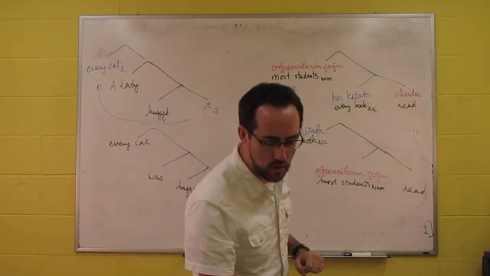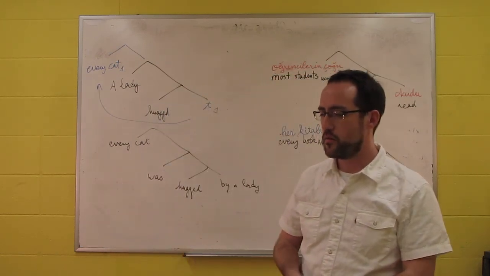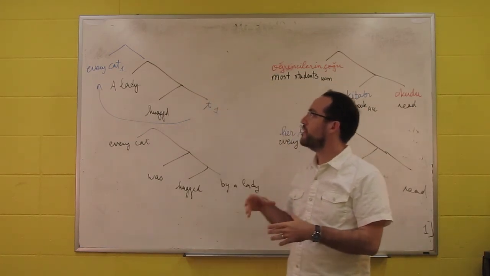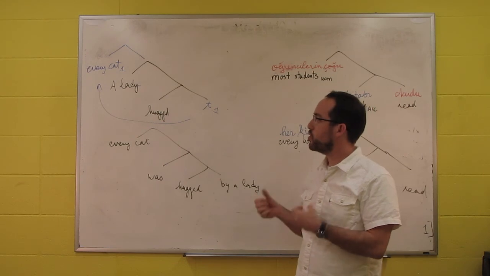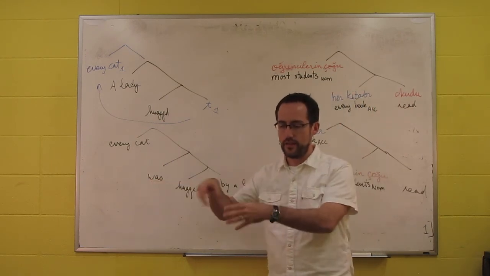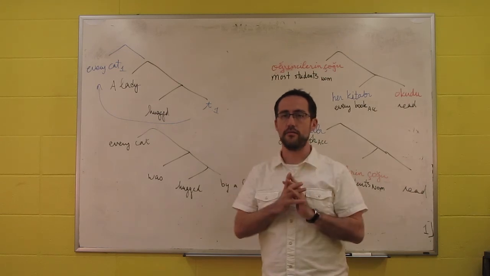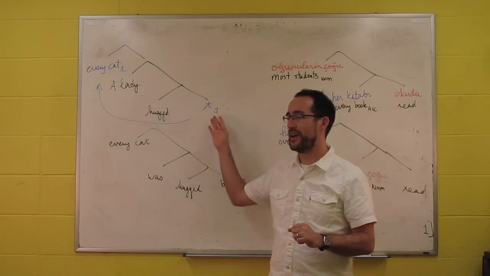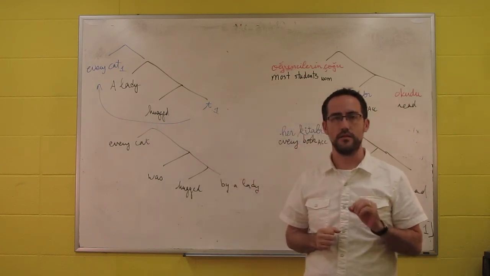So what we ended up doing is proposing that based on how the grammar works, where the grammar is built with a syntax, then it's spelled out to the PF and the LF, that we get the movement occurring at LF, but not at PF.